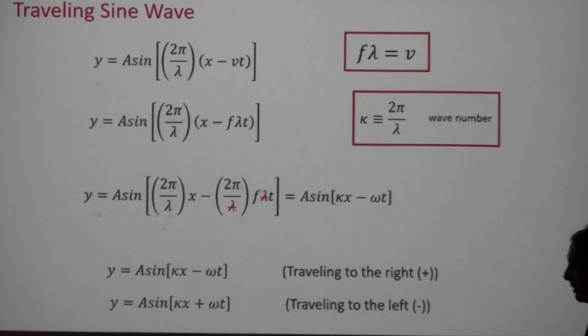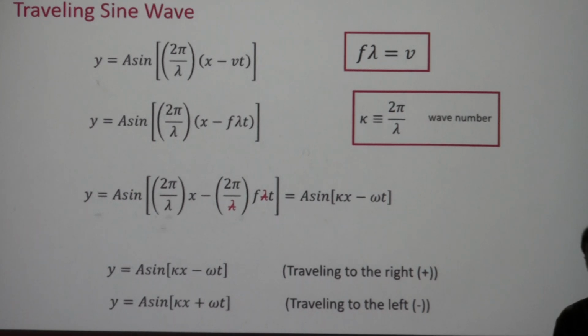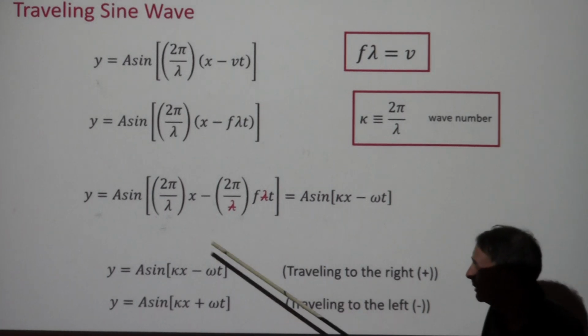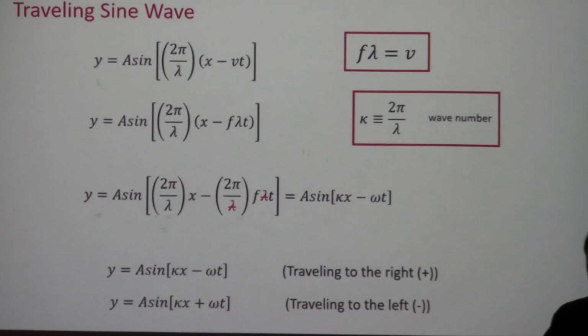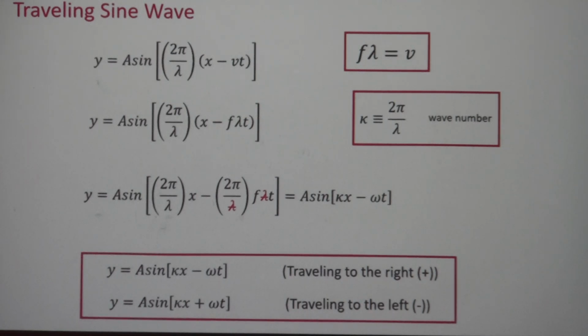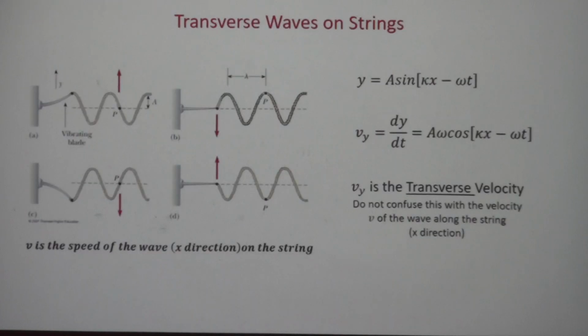So this is what you want to get used to as far as writing an equation for a traveling sine wave. It also applies to cosines. The whole argument, you could replace with cosines or tangents or any trig function. Okay, so this is what you want to remember: a traveling sine wave.